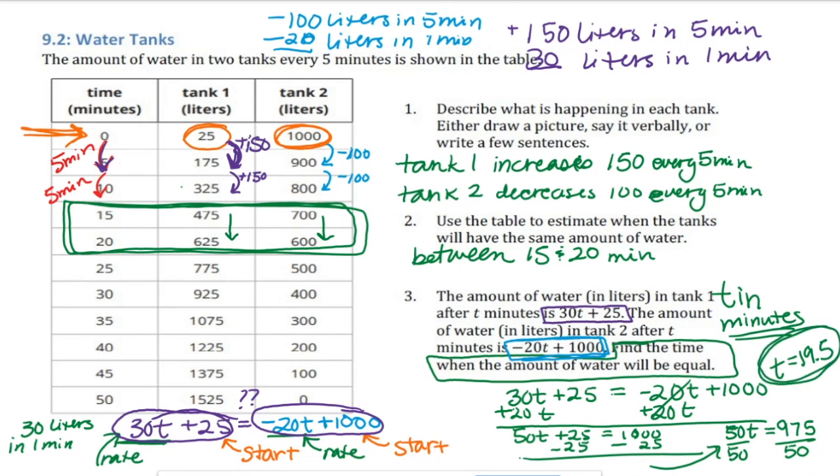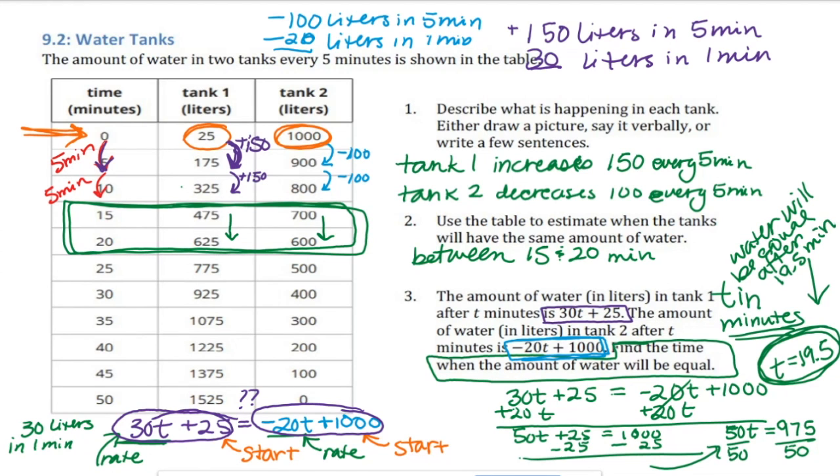So again, hopefully you have more room than I have here. So t equals 19.5. So that means that after 19.5 seconds, my water will be equal, the same level. So water will be equal after 19.5 minutes.